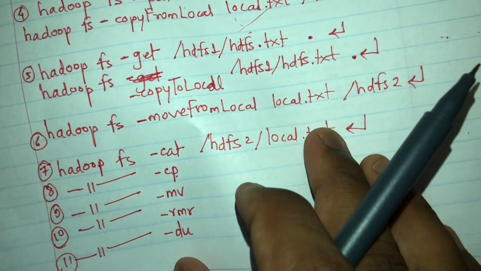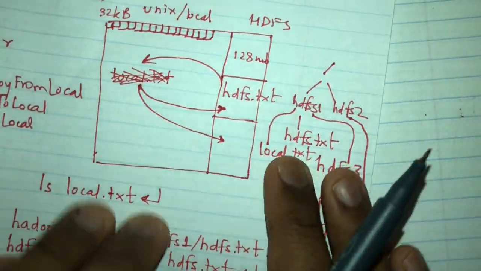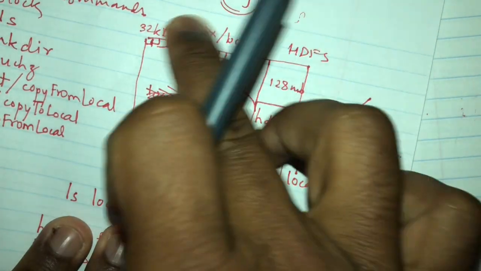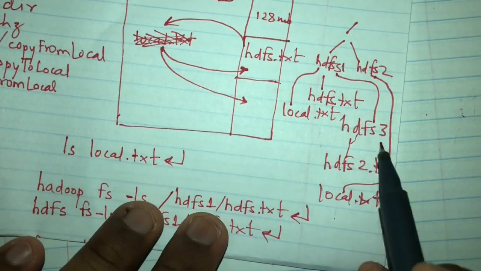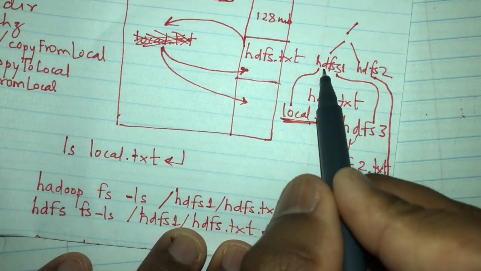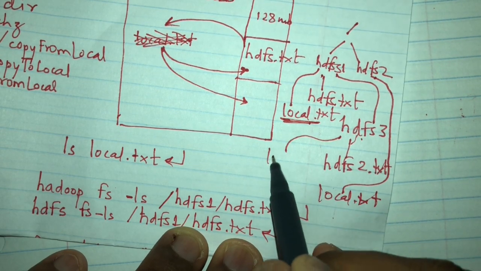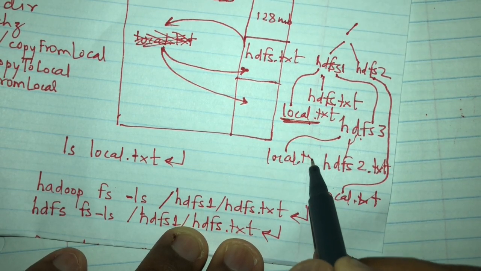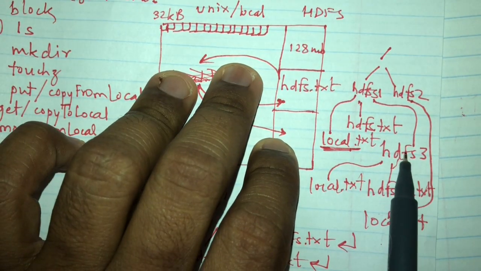Then cp command, which copies a file from one location to another, and that is within HDFS. Now we are not working on the local file system, we are only working within HDFS. So let's say I want to copy this local.txt from HDFS1 to HDFS3. Note that HDFS3 is part of HDFS1.